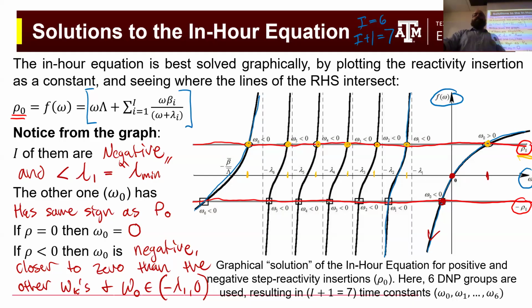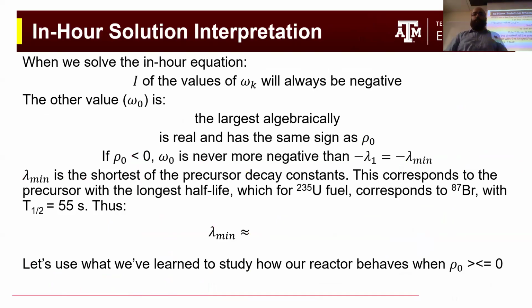Because of the nature of our solution and the results of these time constants, we can use this to simplify our thinking. These are the interpretations that we want to have for the in-hour equation and its solution: I of those omega k's are always going to be negative. The other one is always the largest algebraically. It's always real.